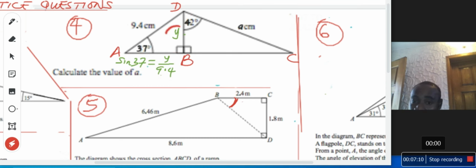Let's just finish it up. What's Y? Y will be equal to 9.4 times sine 37.